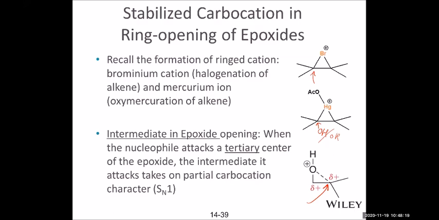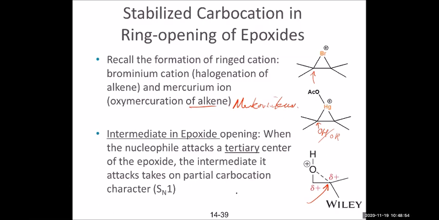And in those reactions, by the way, the oxymercuration reaction gives a Markovnikov product. Remember, this gives you a Markovnikov product, which means the nucleophile attacks the carbon with more substituents, because that carbon has a better stabilized cation, positive charge.